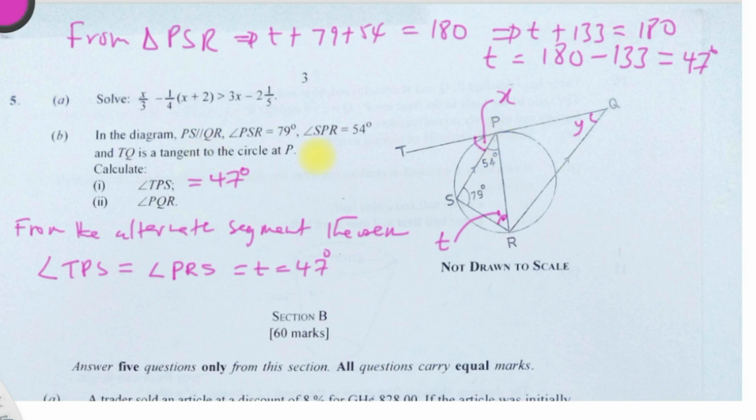So it means that PR is a transversal of these two parallel lines, PS and QR. So this angle and this angle are alternate angles, or Z angles, in parallel lines.